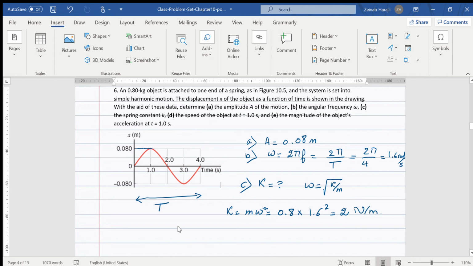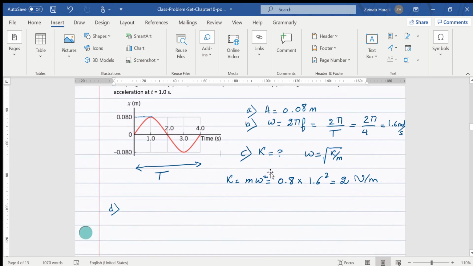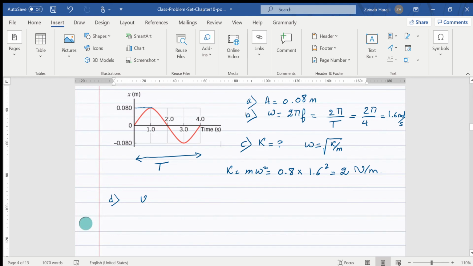In part D, we want the speed at t equals 1 second. If we look at the graph, at t equals 1 second, we can see that this corresponds to the maximum displacement.